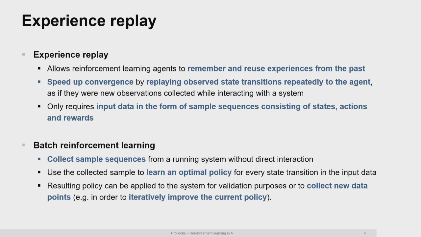This is a very good option in cases where you're not able to directly interact with the environment, because maybe it's in production and you have high costs, so you can't afford just to do trial and error. In these cases, you can first collect sample sequences, then learn a policy, and then validate the policy on the live system or run it there.